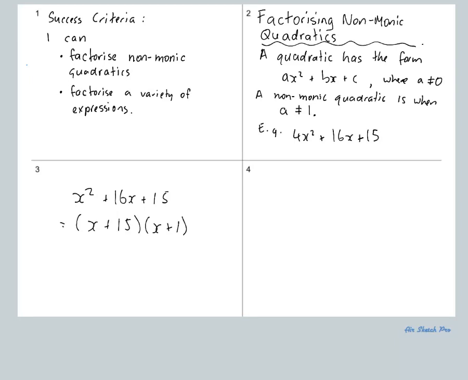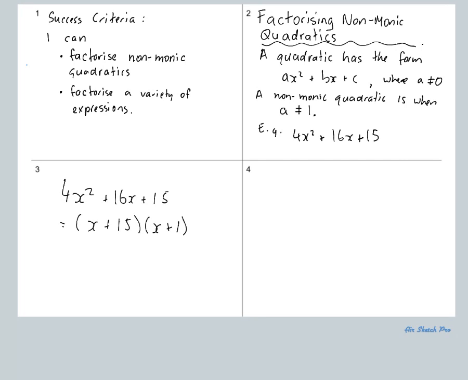I didn't even use the box method there. Now, you could have used the box method and got there yourself. I don't think it's a terribly difficult one to do, really. The only thing that might make it difficult is lack of practice. When we add a 4 in front of it, it makes a massive difference because we can't use the same logic by itself.